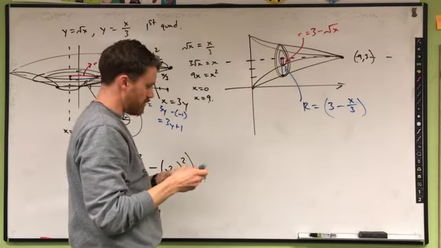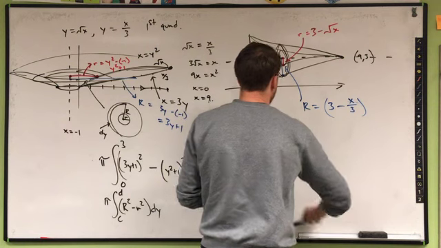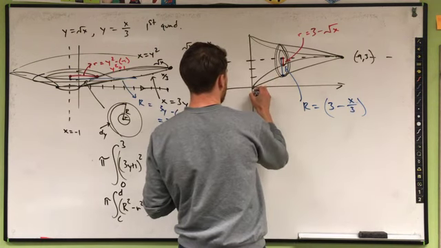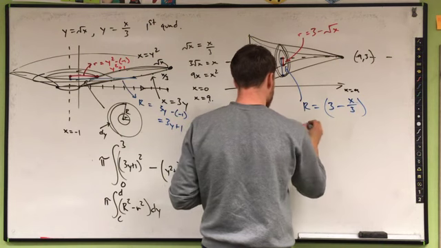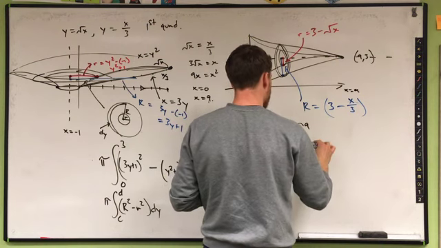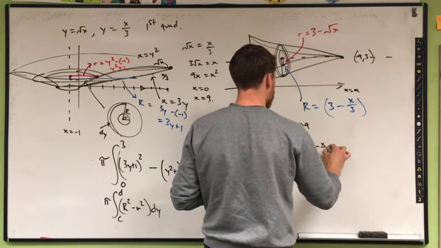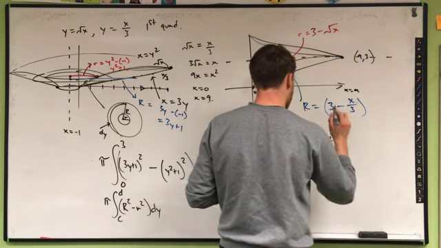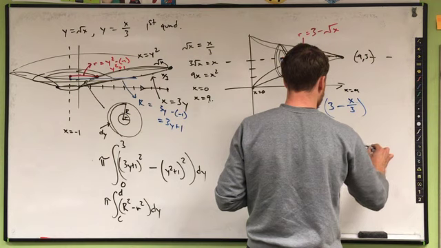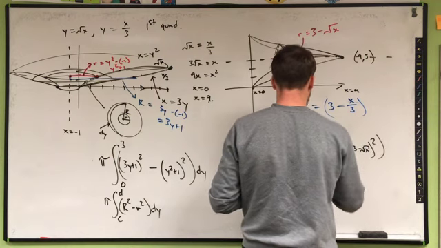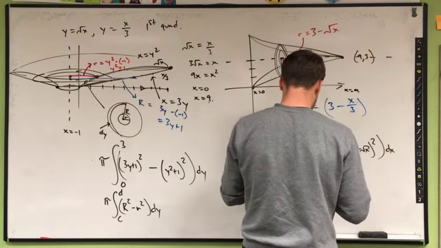Okay, so putting that all together, I want to integrate from x equals 0 to x equals 9. I should have the integral from 0 to 9 of pi times my big radius squared, 3 minus x over 3 all squared, minus my little radius squared, 3 minus square root x all squared, and that is all times dx.